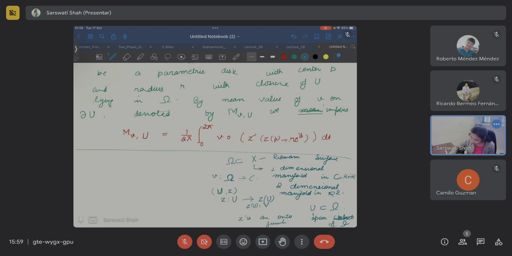Then v of z inverse is subharmonic in z of U.